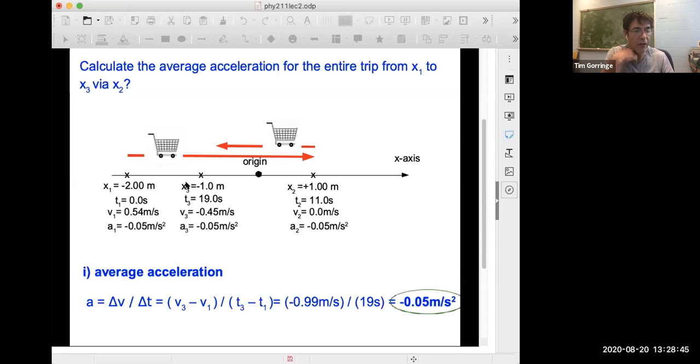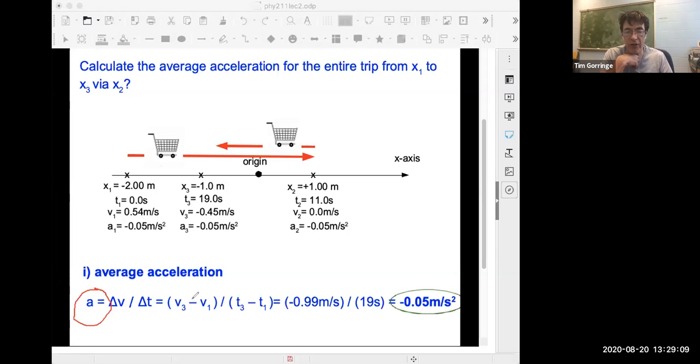So here's my calculation. It's based on the equation for acceleration down here at the bottom: the acceleration is the change in velocity divided by the elapsed time.